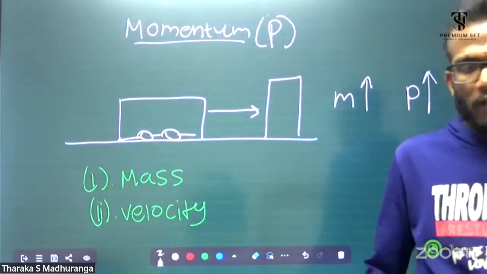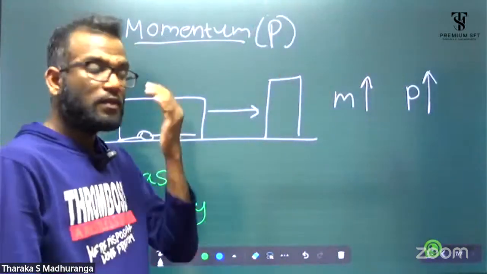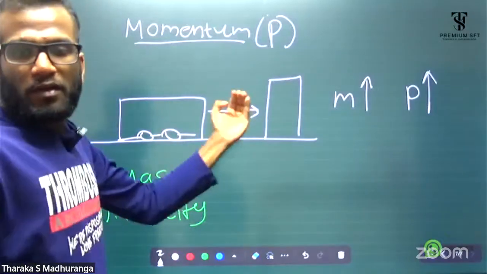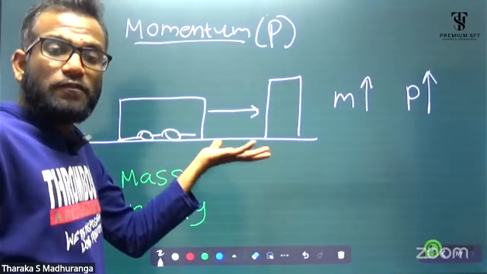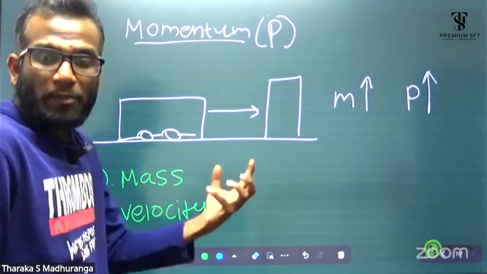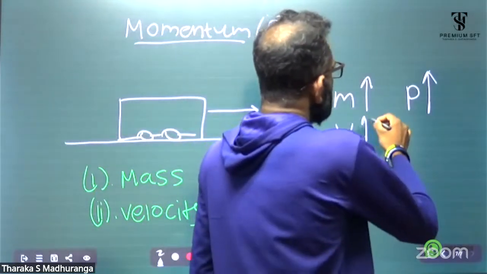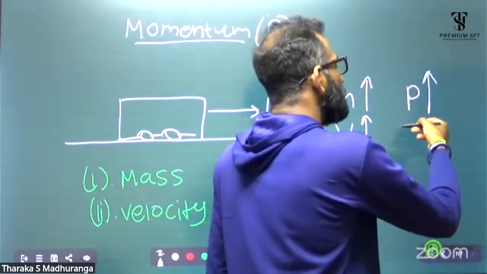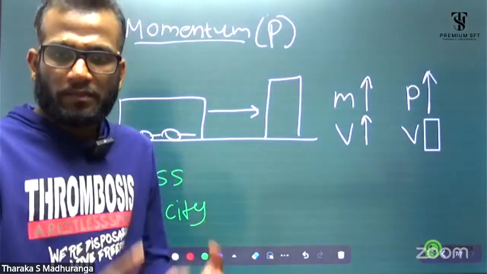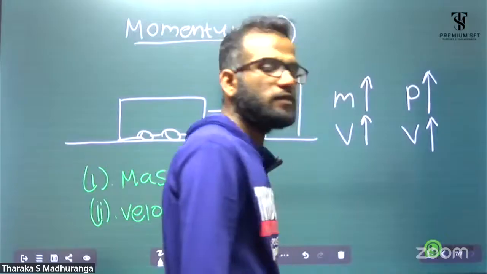What is the reason? The momentum, the reluctance to change the motion type, is greater. If we think about velocity, when a vehicle has an accident at a greater velocity on a highway, the damage is high. What is the reason? When velocity increases, the reluctance to change the motion type increases.